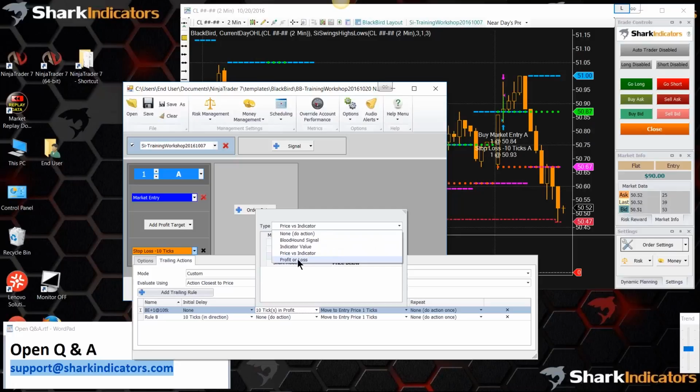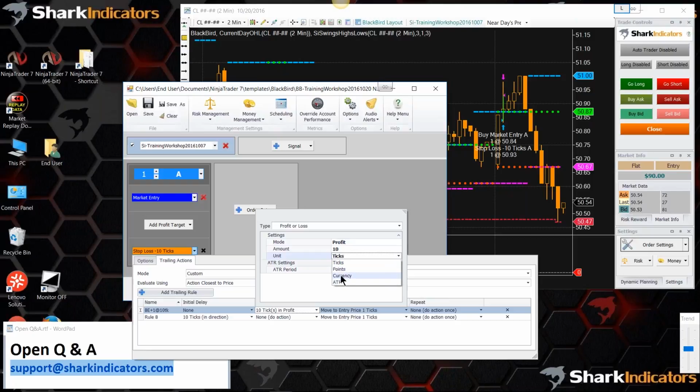And then, of course, looking for profit or loss. So you can look for a profit or you can look for a loss. There are various ways to look for profit. Are you looking for ticks in profit? Points, if you're trading stocks, then you might be looking for points in profit.